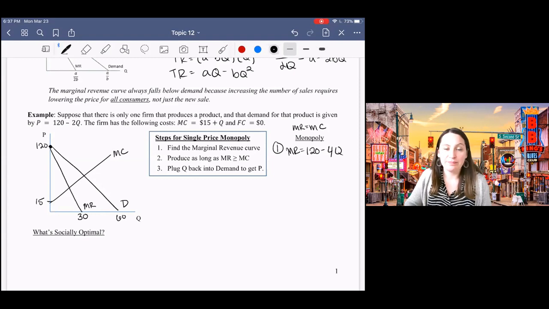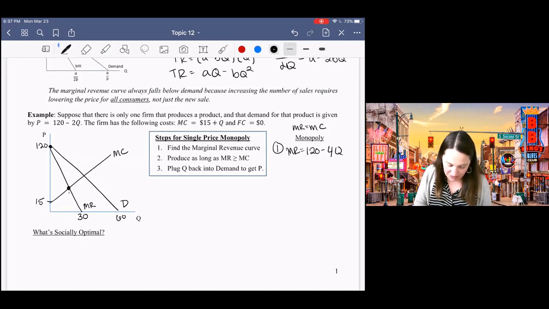Well, remember, you're only making money if your revenue coming in is higher than your cost. So what we want to do is produce as long as our marginal revenue curve is higher than our marginal cost curve. And that stops being true at this point where the two curves intersect.